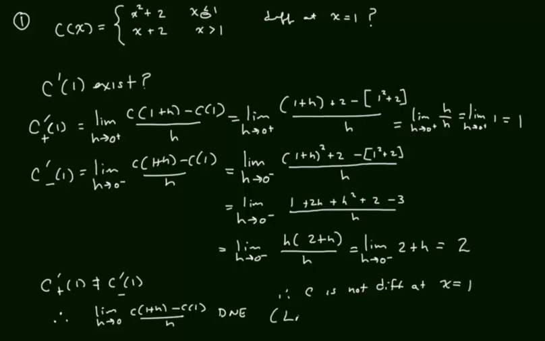And I'd like to end this by classifying this. Which type of situation is this? Corner, cusp, vertical tangent? Well, they both exist, but they're different. So it's a corner. A quick sketch of this would illustrate it further.